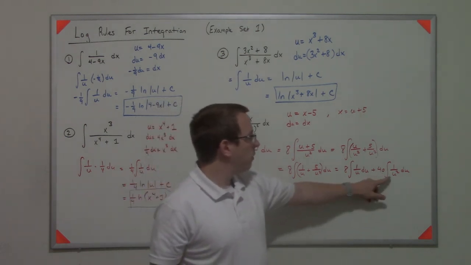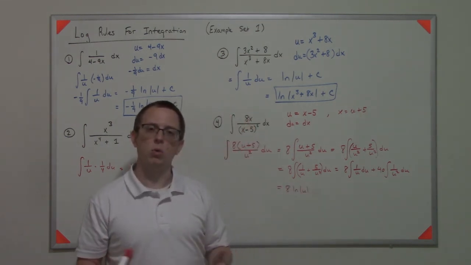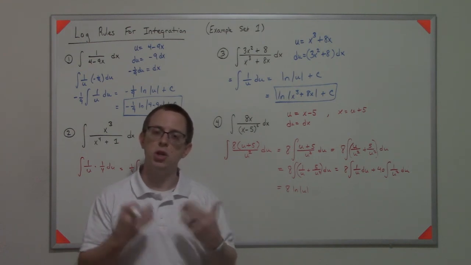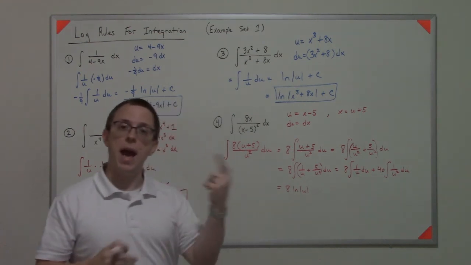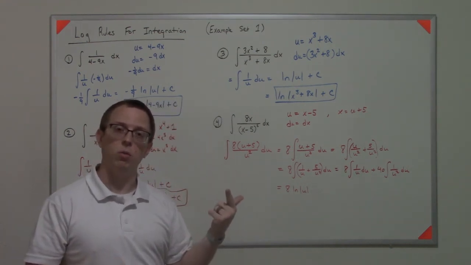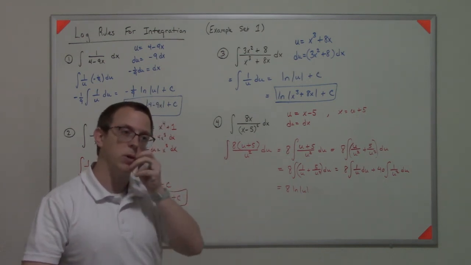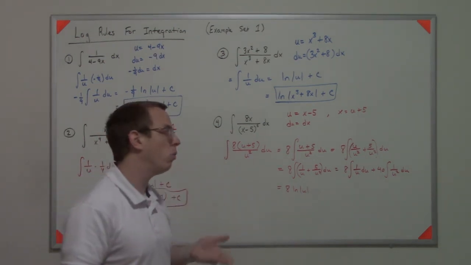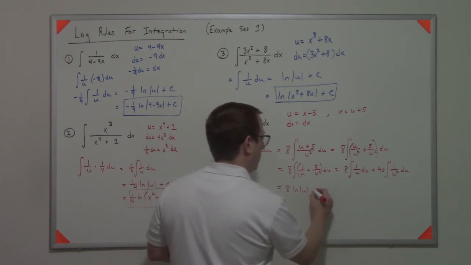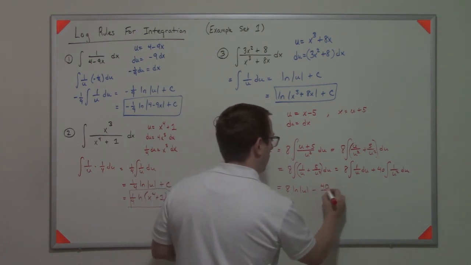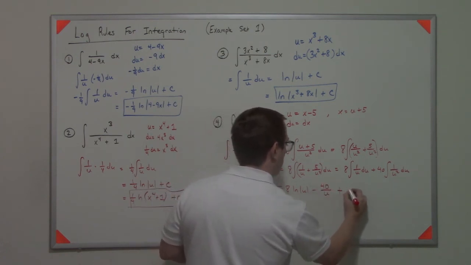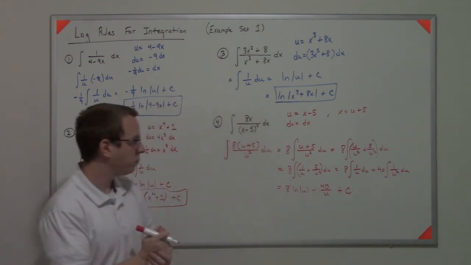But for this one, 1 over u squared, well, that's not a log rule. That's a general power rule. That's like u to the negative 2. So we add 1 to the power to get u to the negative 1, and then divide by the new power. So that's u to the negative 1 over negative 1. But what that really means is that's negative 40 over u. And there's your arbitrary constant.